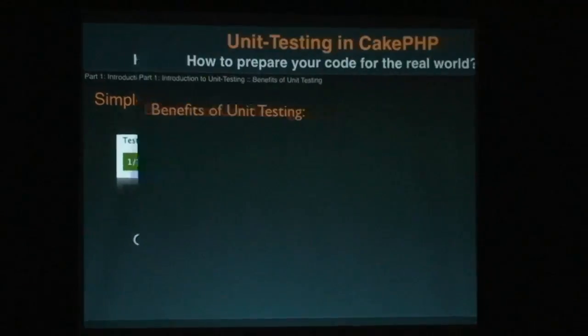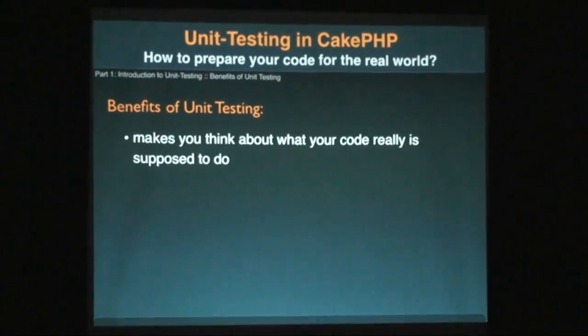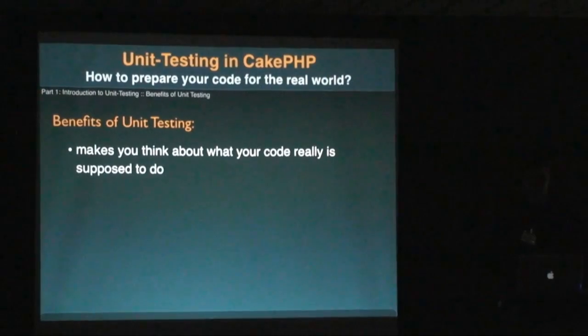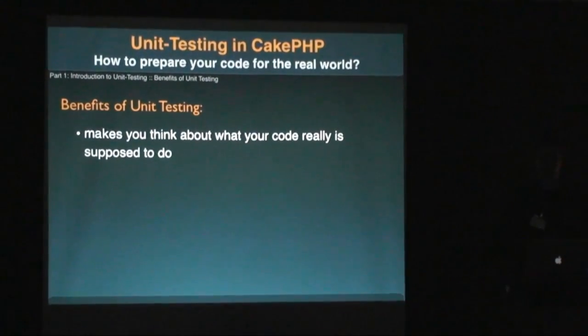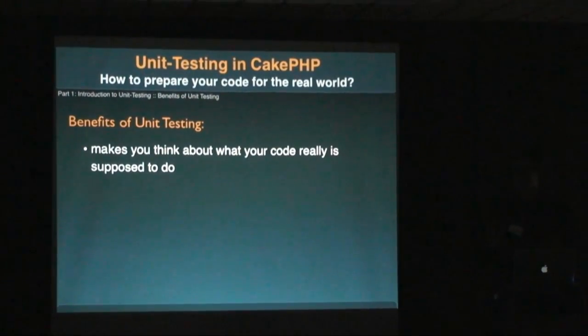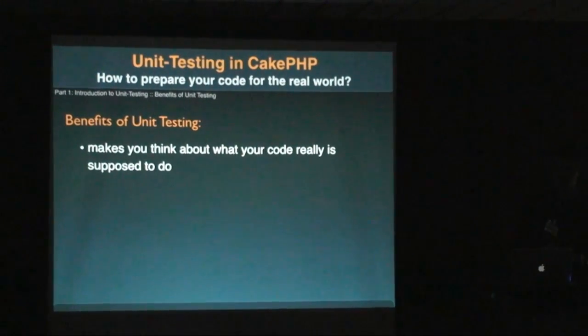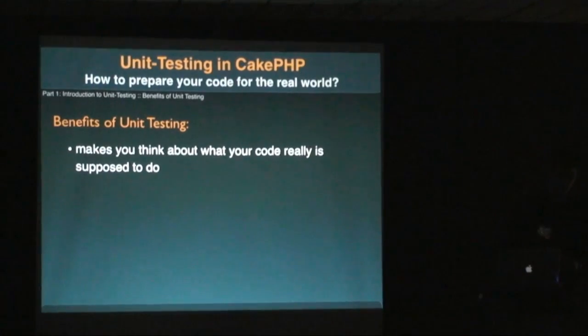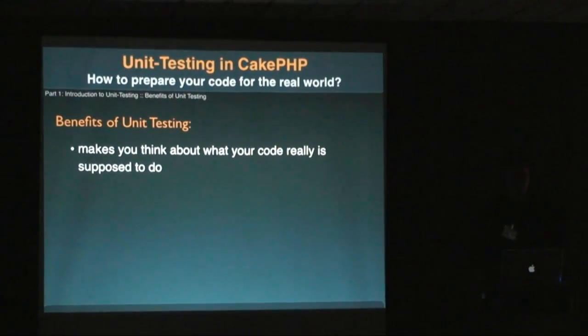So what are some of the benefits of unit testing? I think one of the most important things is that before you code, you really have to think about what you are going to do. At least when you are using test-driven development, and we are getting to that in a minute. Even if you are using unit testing as an afterthought, like CakePHP did, it's still very useful because you have to think about what your code was supposed to do again.